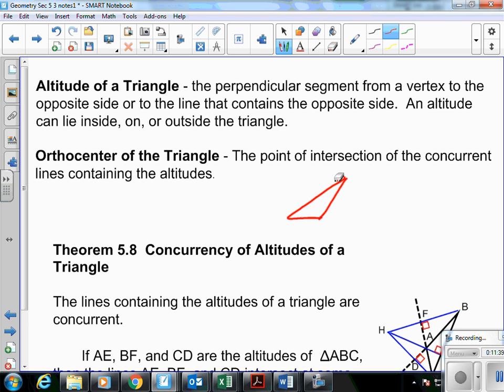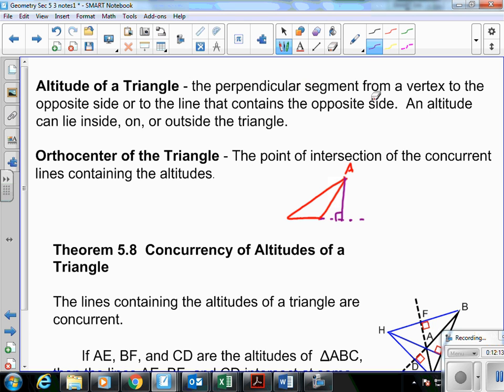So we had a triangle here, and I wanted to go from vertex A to the opposite side to form the altitude. To come to this side here, I can't come straight from A to the side inside the triangle and create a right angle. So what I would have to do is extend this side going this way so that when I come from A, I can come straight down and create a right angle there.